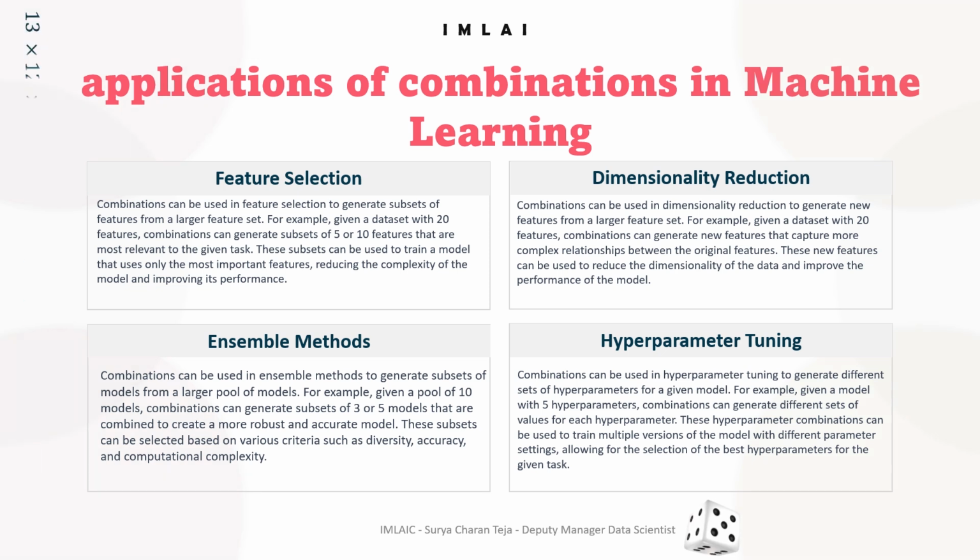That is the reason understanding combinations is very, very important for a data scientist. So overall, combinations are a powerful tool in machine learning that can be used to generate subsets or combinations of elements in a given set, making them a valuable tool for optimizing and improving machine learning models.